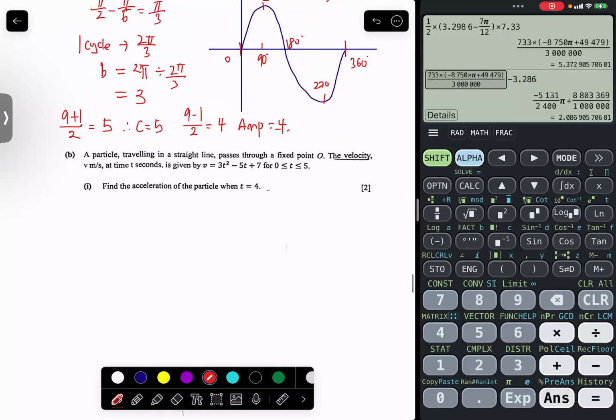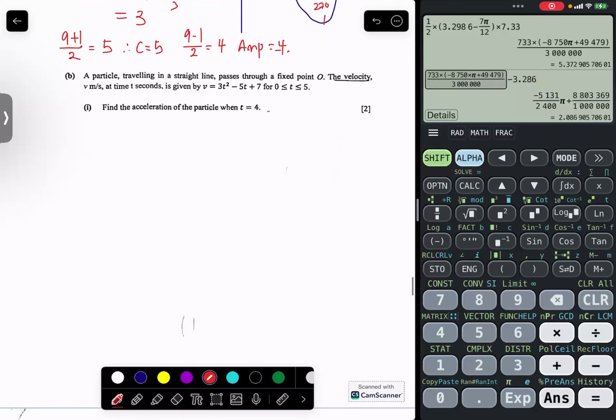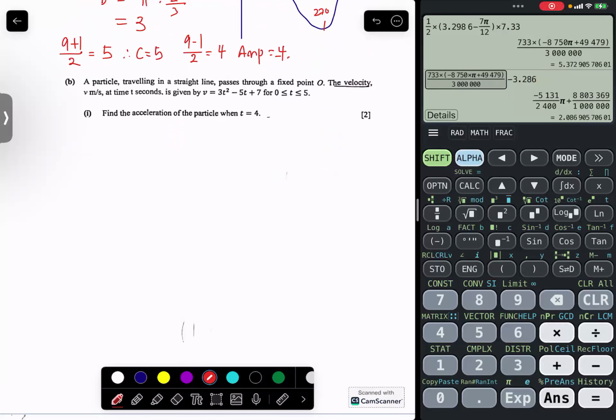This resembles the 2023 O level, very similar. A particle traveling in a straight line passes through a fixed point O. The velocity is given by v equals 3t squared minus 5t plus 7, for t between 0 and 5. Find the acceleration when t equals 4. a equals dv/dt, simple, 6t minus 5.